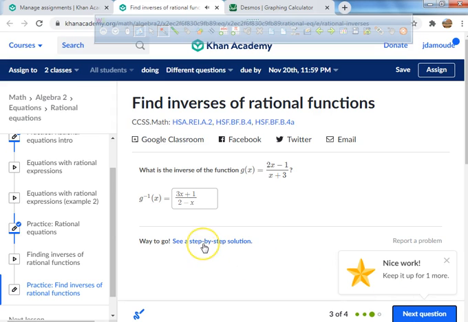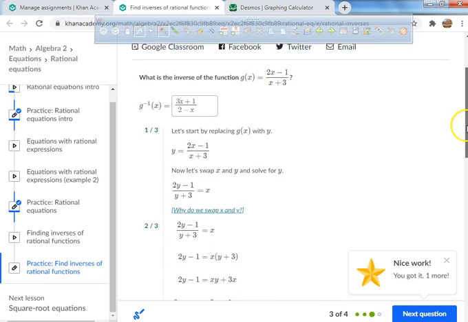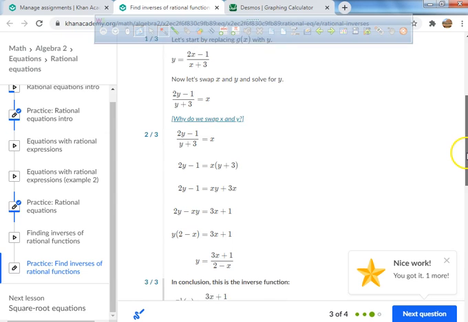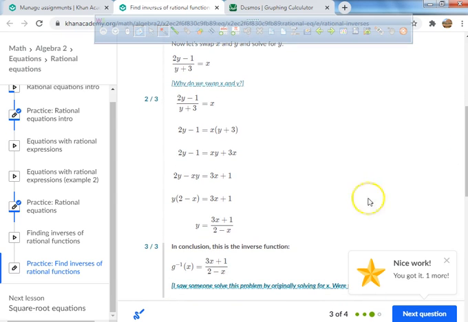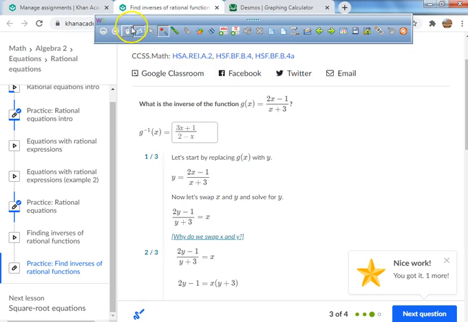If you mess up, you can see the step-by-step solution to see what you did to mess up. Okay, so basically they did the same process. They just don't go over exactly what was happening. But you'll see how they got the answer. Maybe you'll get it, maybe you won't. If you don't get it, you can always rewind me and see how I did it. Let's go on to the next question.